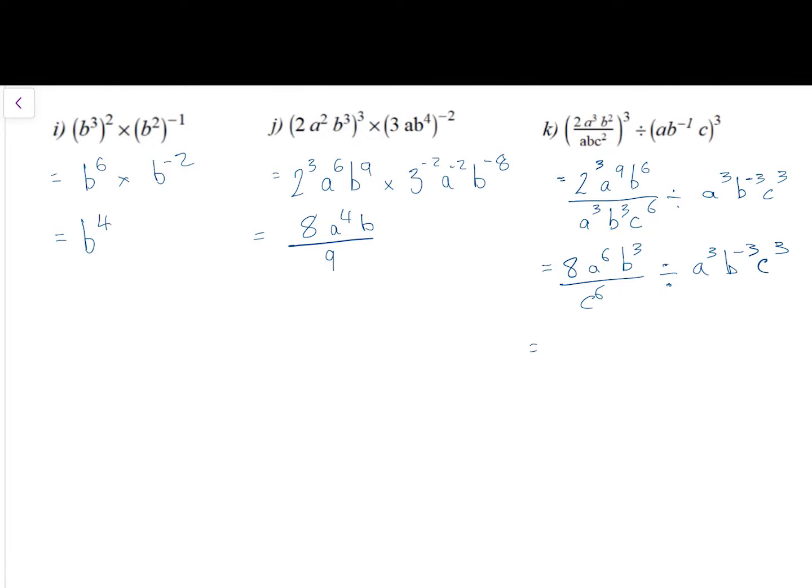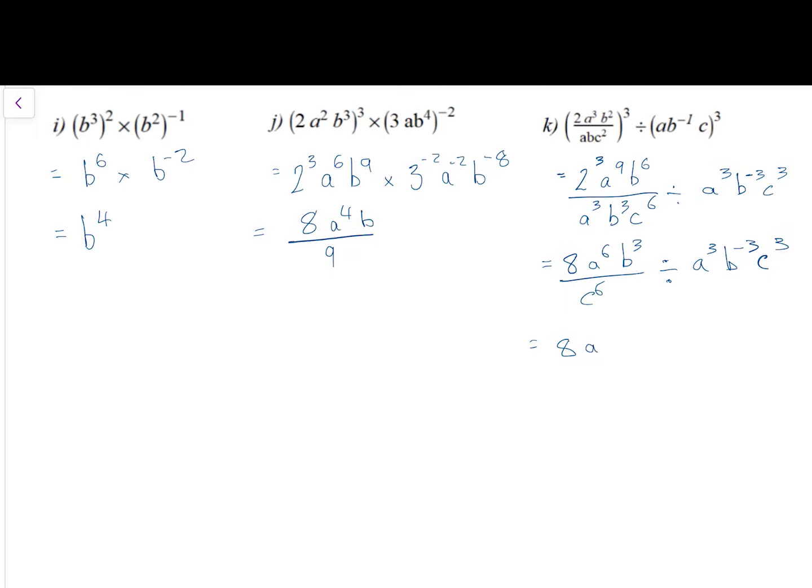So using the second index law, we can take away these terms here. 8, a to the power of 6 take away 3, a to the power of 3, b to the power of 3 take away negative 3, b to the power of 6, c to the power of negative 6 take away 3, c to the power of 9.